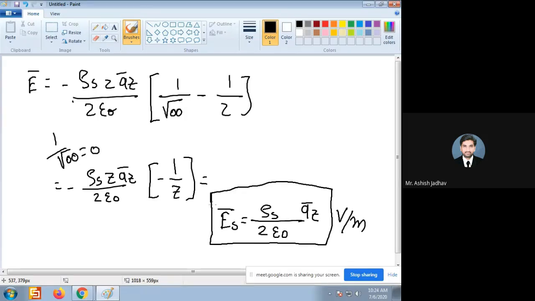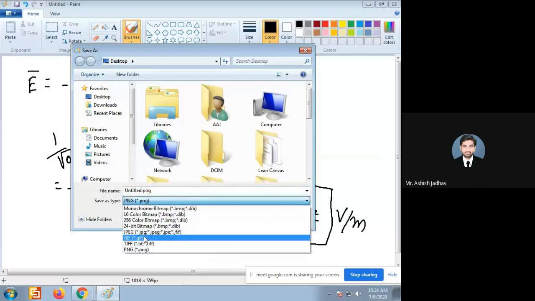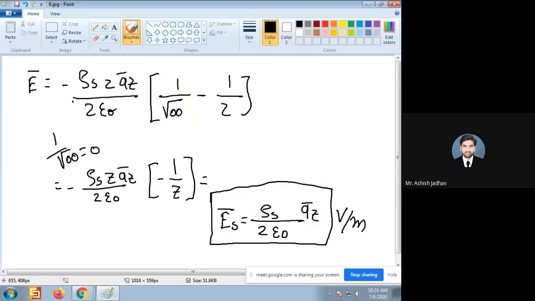Are you clear? Is it clearly understood? Because this is a very important part of electromagnetics, how I have proceeded to derive this expression.